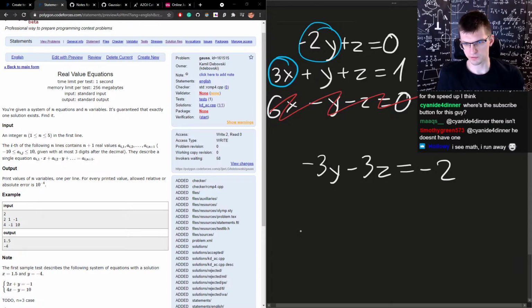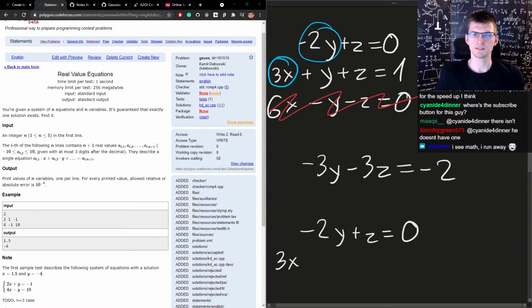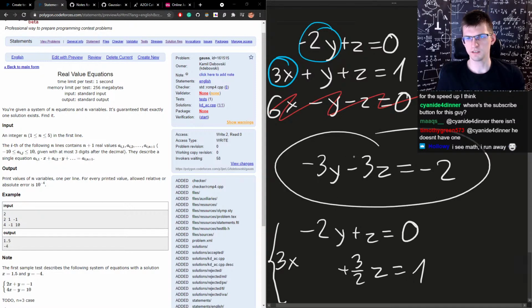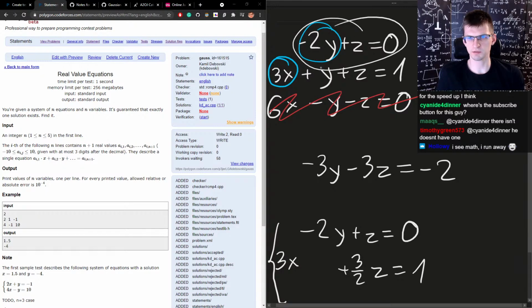I will rewrite the first one. Then in second one, 3x, here 0, then z plus half of z, and half of 0 is 0. That's the second equation. The last one, this, no, that's most complicated, minus equal this times 1.5.